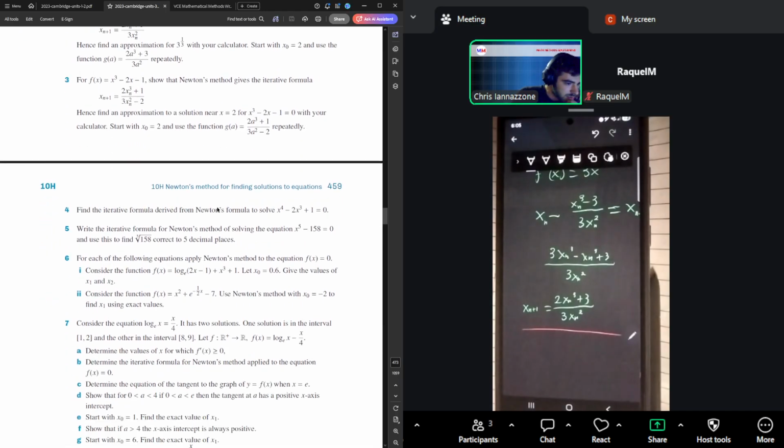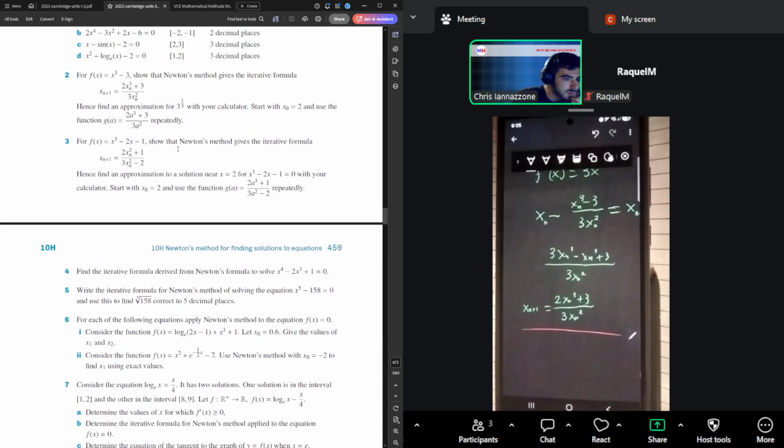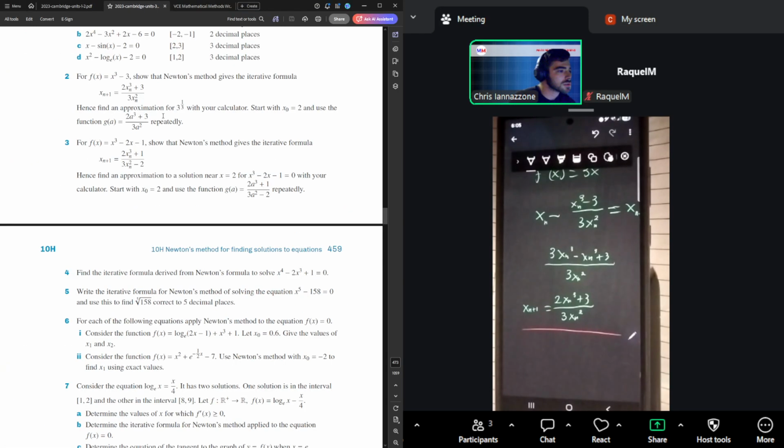That's pretty much it. Let's see if there's anything else here that's weird. I guess the follow-up: hence find an approximation for 3 to the power of a third with your calculator.